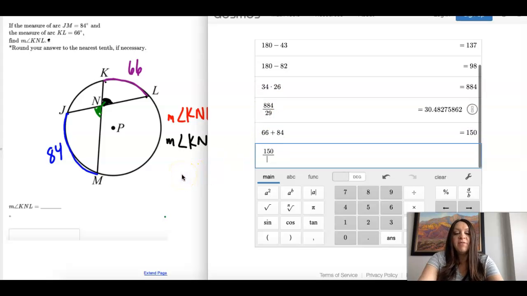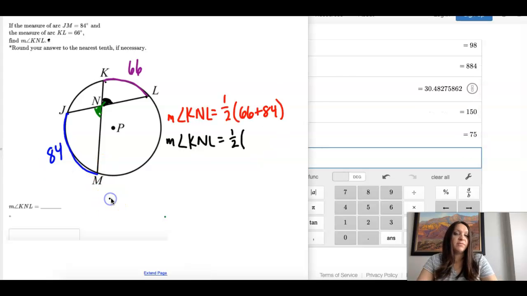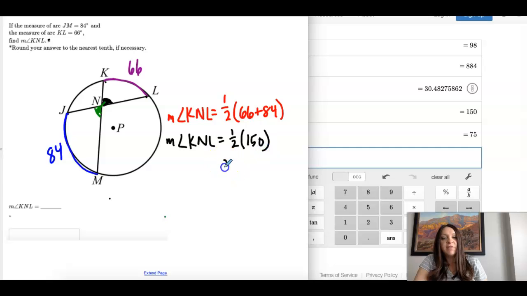And we're going to take half of that to get 75. So 150, half of that is 75. And that is the measure of our angle. So this would be 75. This would also be 75. So you would just type it.